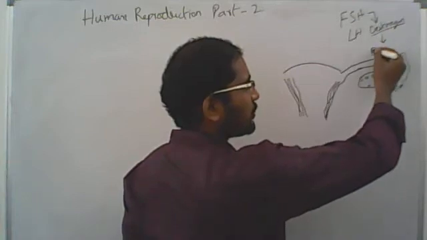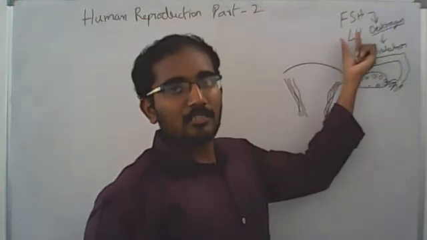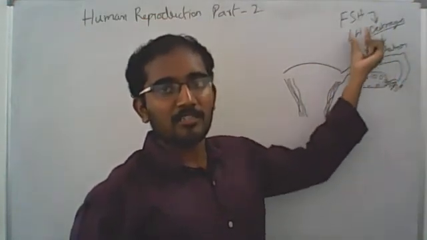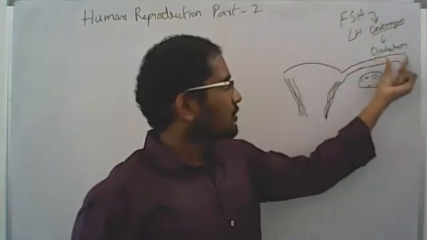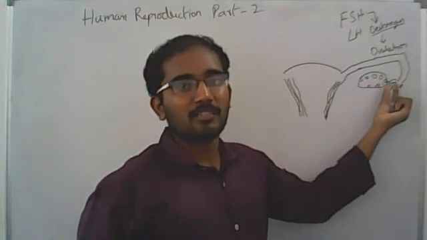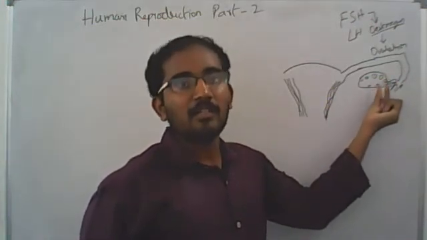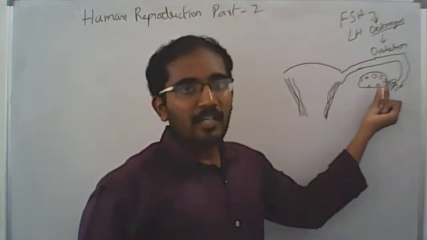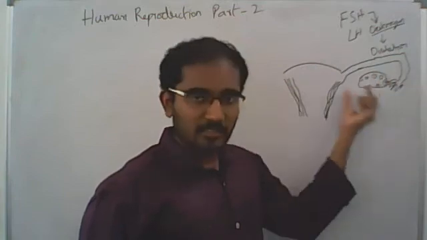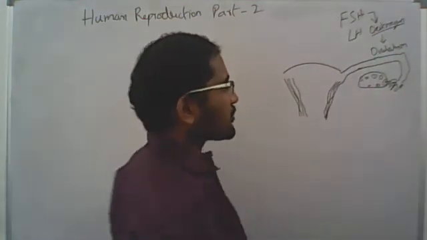Not only estrogen, LH is also involved in the maturation of the follicles. Then the Graafian follicle forms into a corpus luteum and starts producing the progesterone hormone. We have discussed up to this level, so let's discuss the later processes.